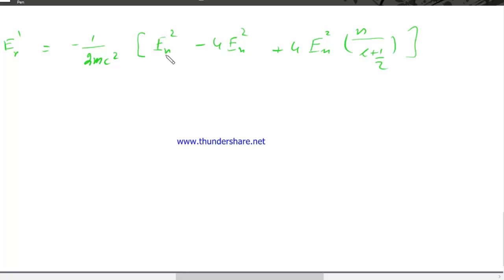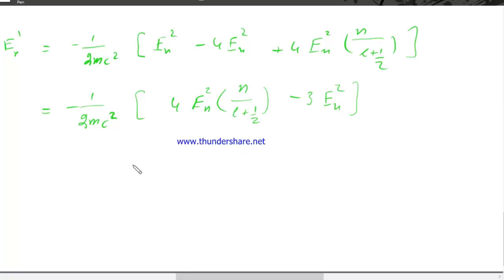And this one term is minus this, and then 1 over 2 minus mc², and this is a minus, but we have this plus 4En² n and (L plus 1/2), then minus 4En².